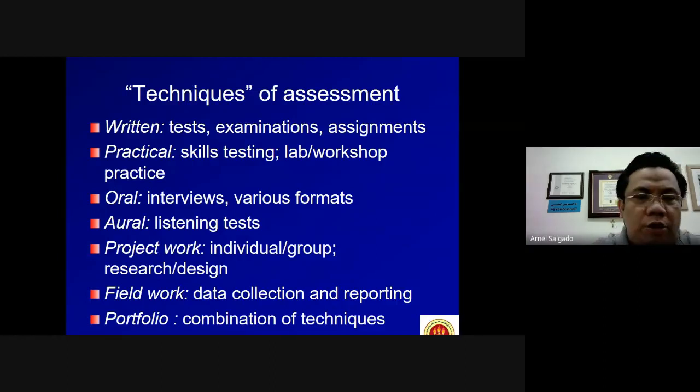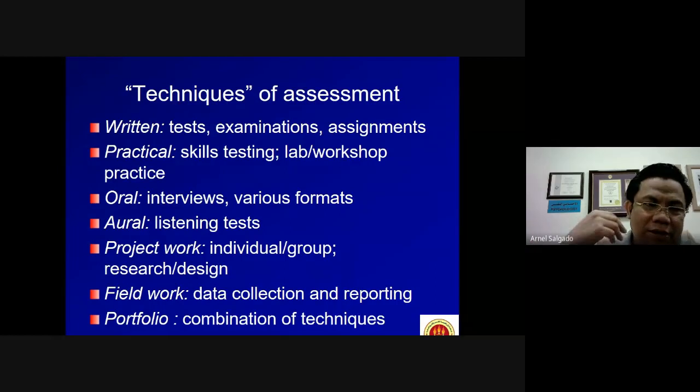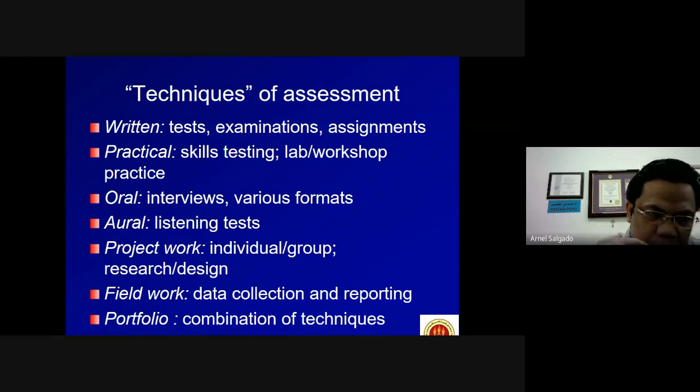Now, another one, of course, oral will be interview, or in your Viva, when you have your thesis. You can actually do that, right? So you will deliver your materials to a group of examiners. They will examine you. It depends on the thesis that you have, and then you will defend.